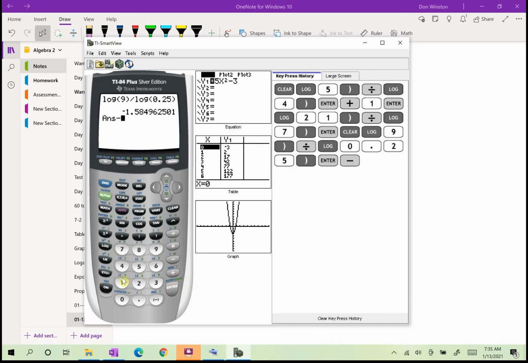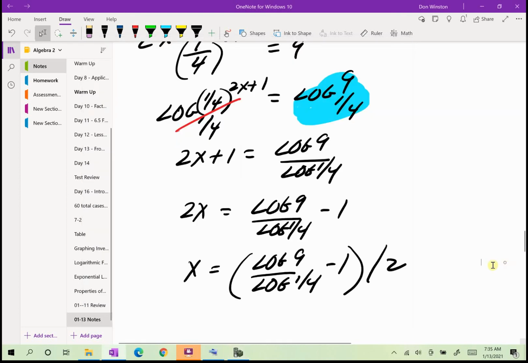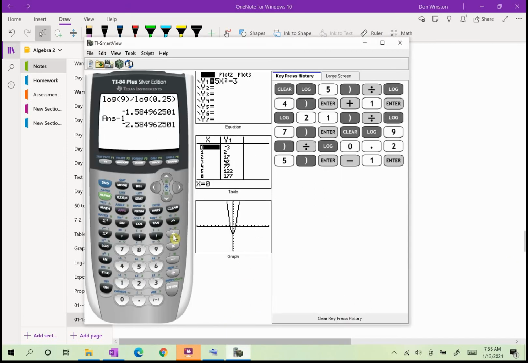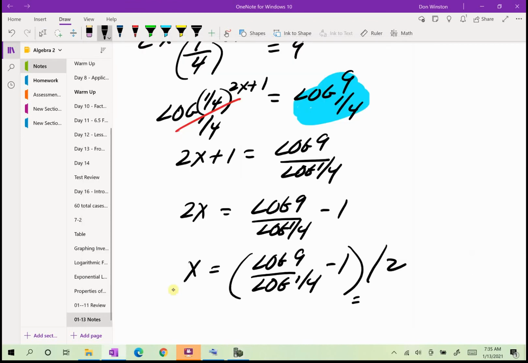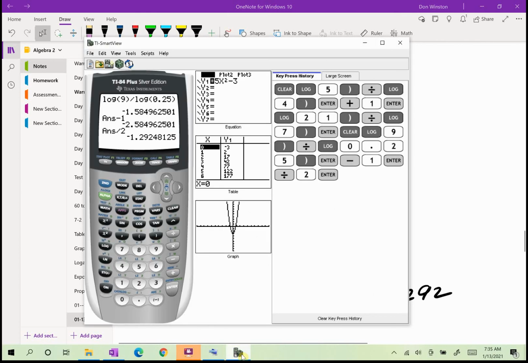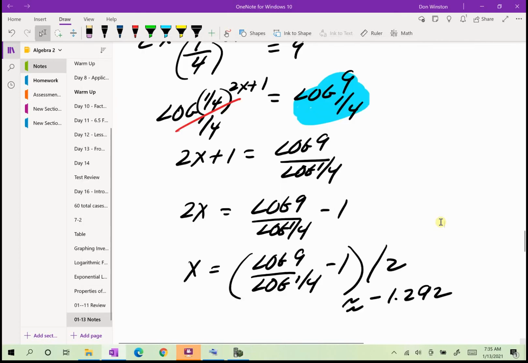Then I would subtract 1, and then I would divide by 2. And that would be negative 1.292 approximately. Let me make sure I have the right answer. Yeah, negative 1.292. All right, so there.